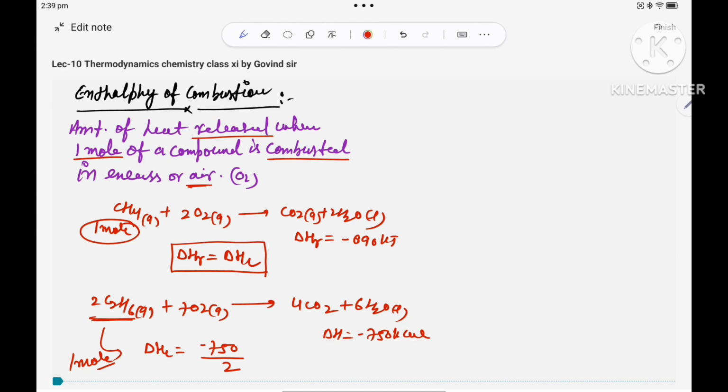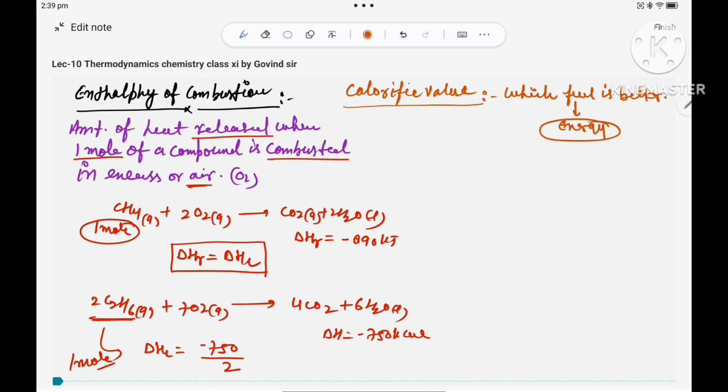At the same time, a small topic that is called calorific value. What is calorific value, children? It is for which, means from this value, which fuel is better. Which fuel is better, that you will identify in the case of energy released.